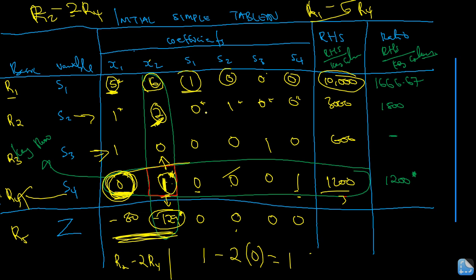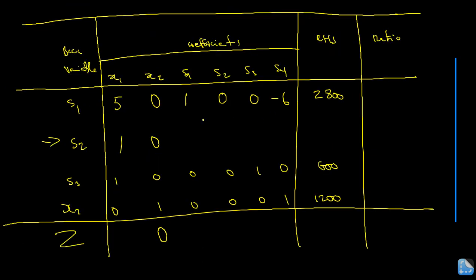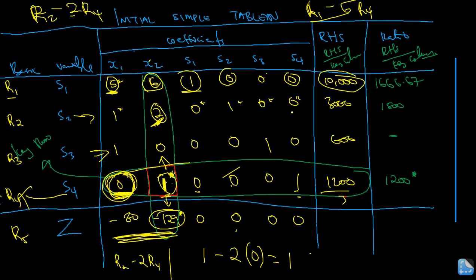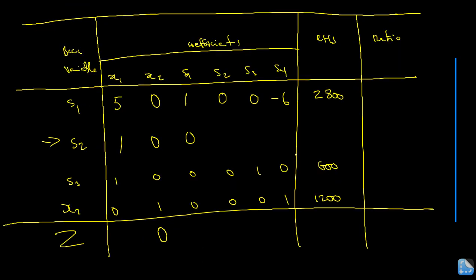Then we skip the 2, we come to this one. Now here we have a 0, so it will be 0 minus 2 by 0. So we know we get a 0. So we're going to put a 0 here. And then here we have a 1. So it will be 1 minus 2 multiplied by 0. What do we get? We get a 1, of course. So we're going to get a 1 here, like that.